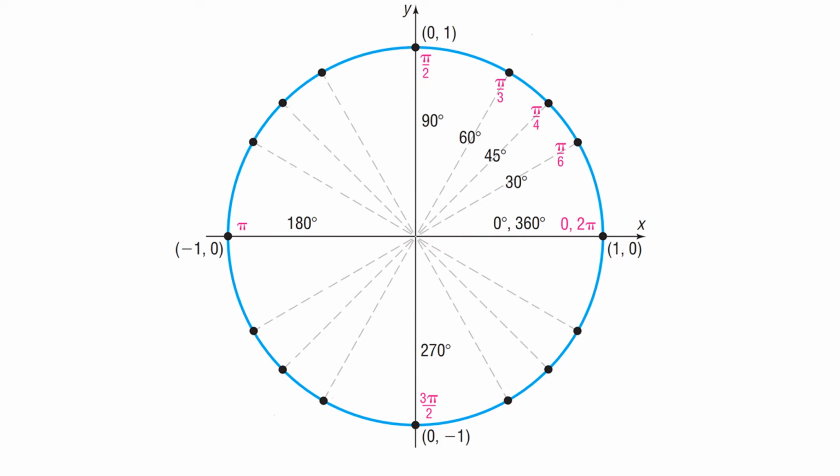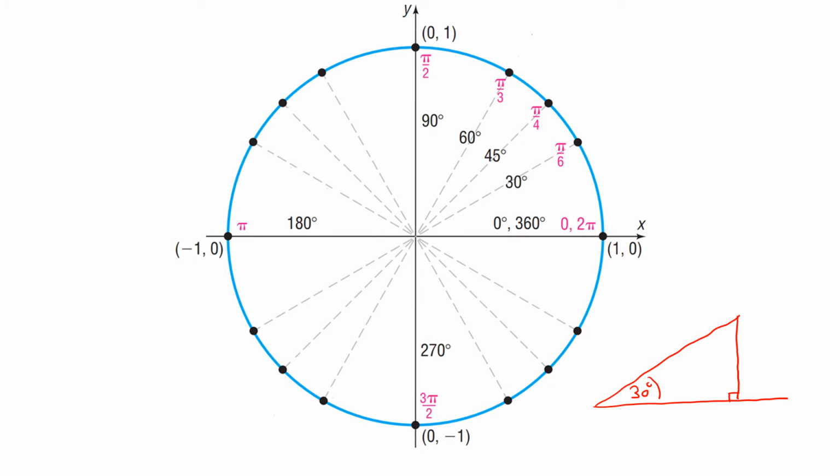If you pick any angle, for example, let's say we pick angle 30, we can draw a triangle. This is the triangle for angle 30. This is the x-axis, and we can drop a perpendicular. This is angle 30.